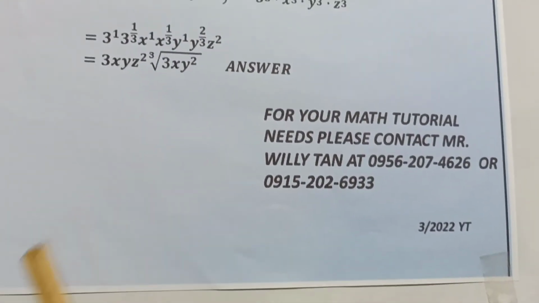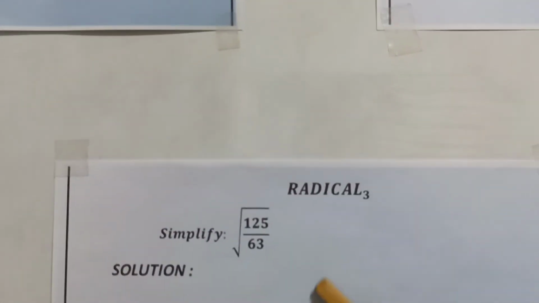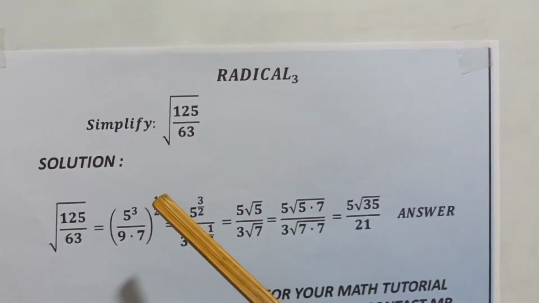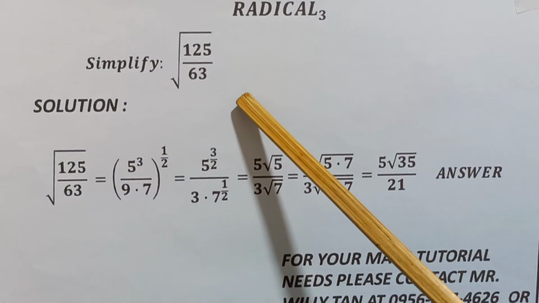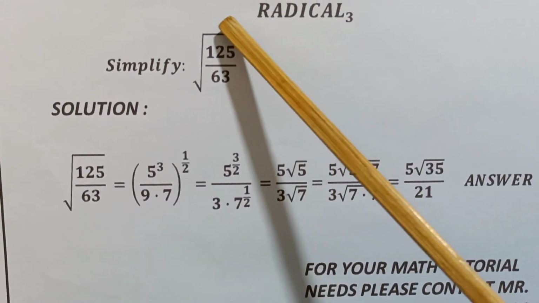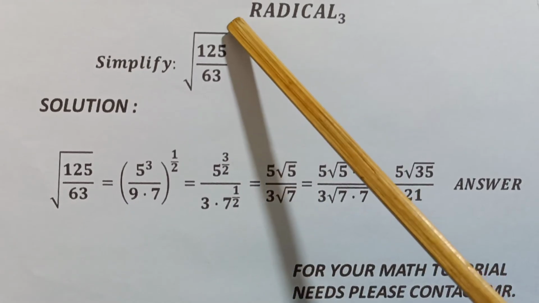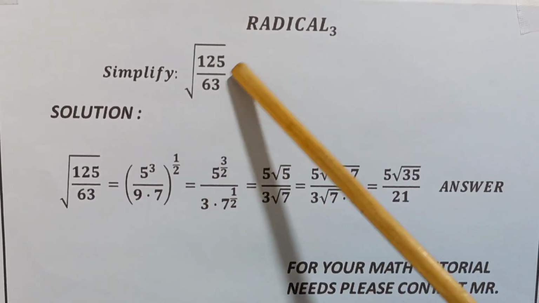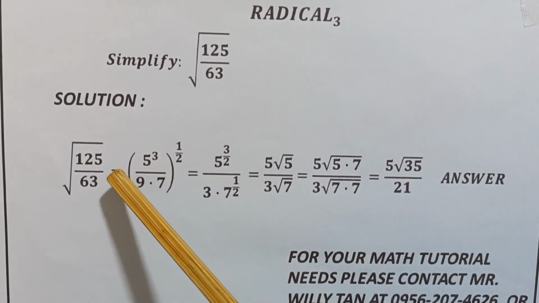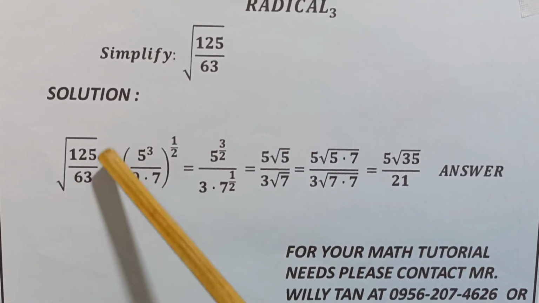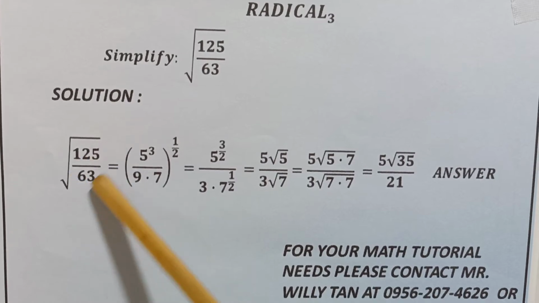So we go to the last problem. We have to simplify again the square root of 125 over 63. So we are going to reduce this into its simplest form with fractional exponents. Now all of this is a square root.